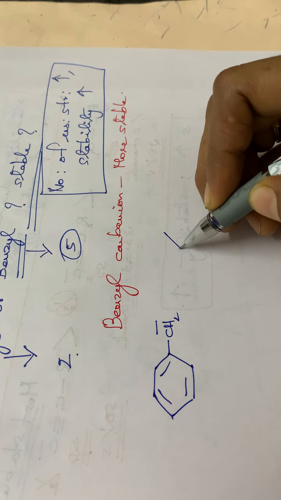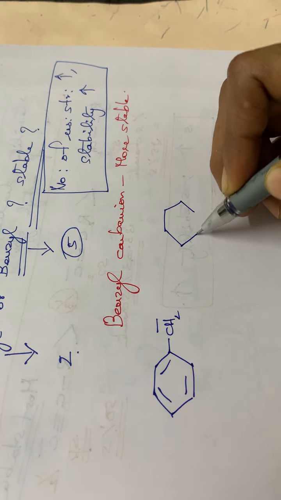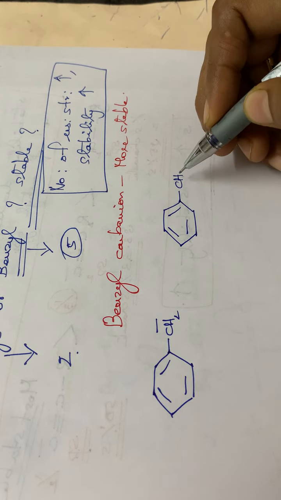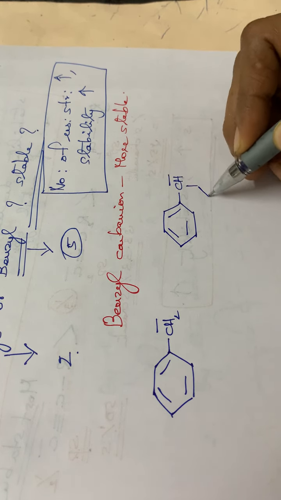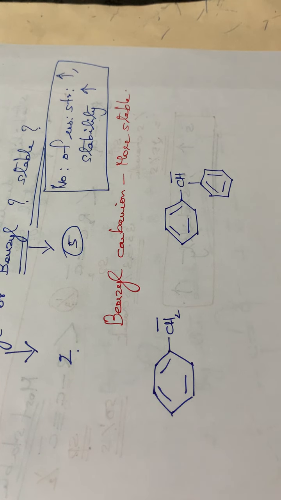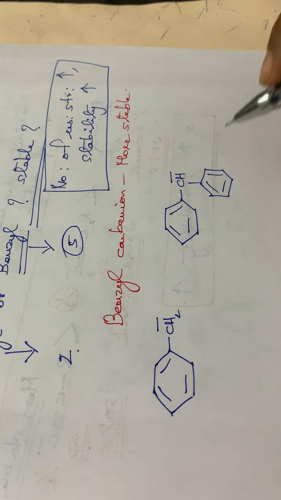Then I am writing diphenyl methyl carbanion. In the last video, I had explained how to write this diphenyl methyl carbanion. It is a derivative of methyl carbanion. That means the 2 hydrogens in methyl carbanion are replaced by 2 phenyl groups. So then we will be having this diphenyl methyl carbanion.